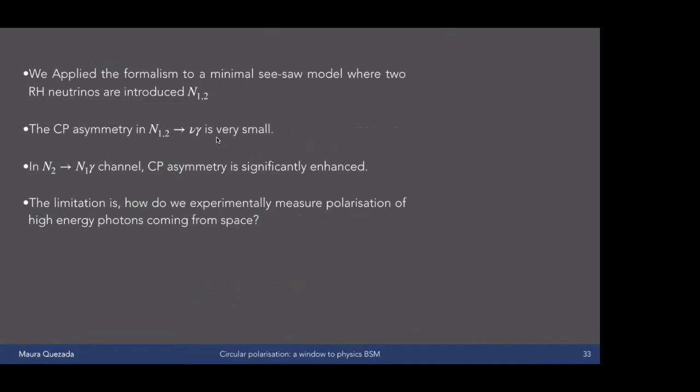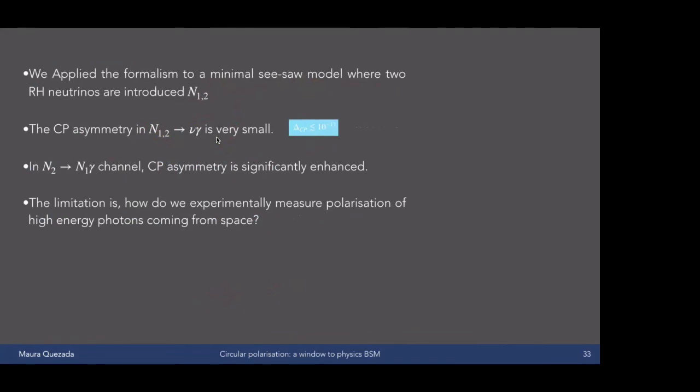Then we applied this formalism to a minimal seesaw model where we have introduced two heavy neutrinos, 1 and 2. We found that the CP asymmetry in these cases is very small, of the order of 10 to the minus 17, maximally. This is the maximum we could reach in this process.